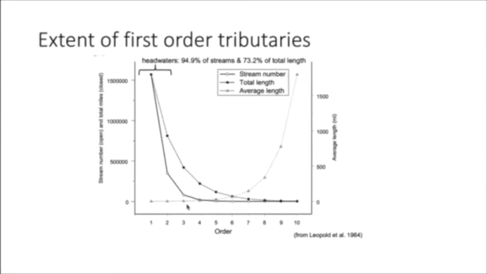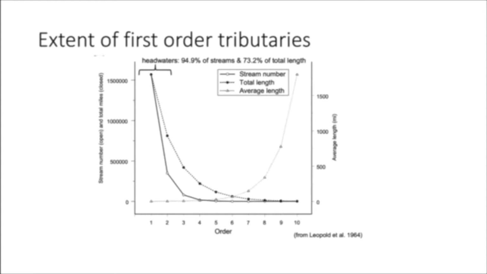So if you look at the number of streams, 94.9% of these streams and almost 73% of the total length are in these headwaters. So while we focus on the lower portions and the parts we use more for economic development, these headwater streams are really critical, and that's why we're looking at them.